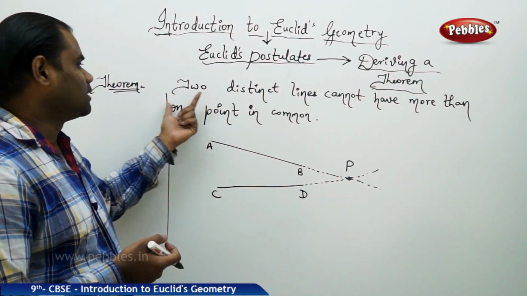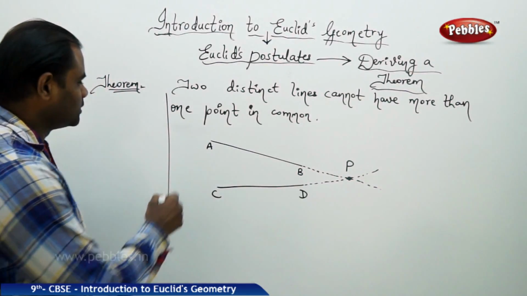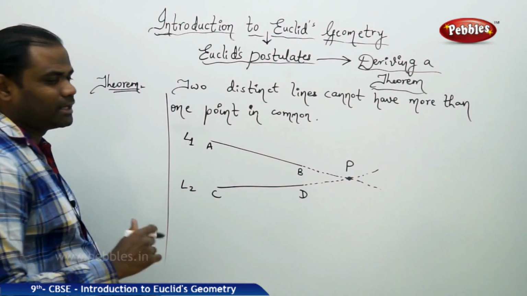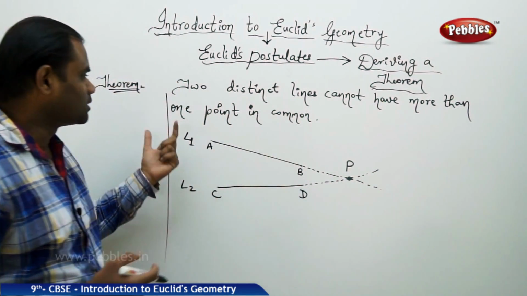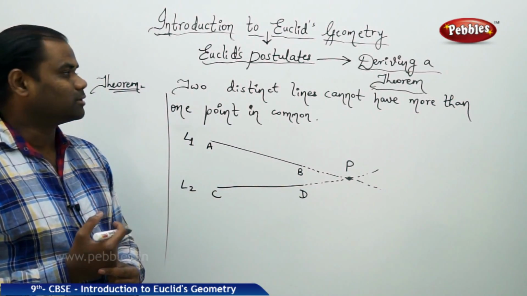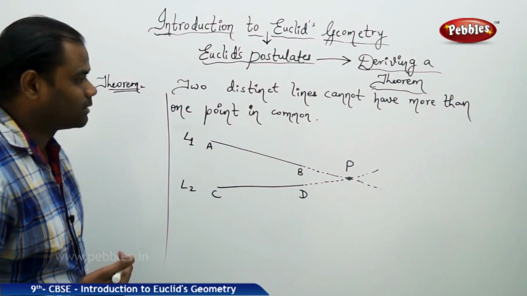So now it is given that the two distinct lines cannot have more than 1 point in common. I take this to be line 1 and this to be line 2, and I assume that the two lines which are distinct have more than 1 point in common. So cannot is now contradicted to be can.